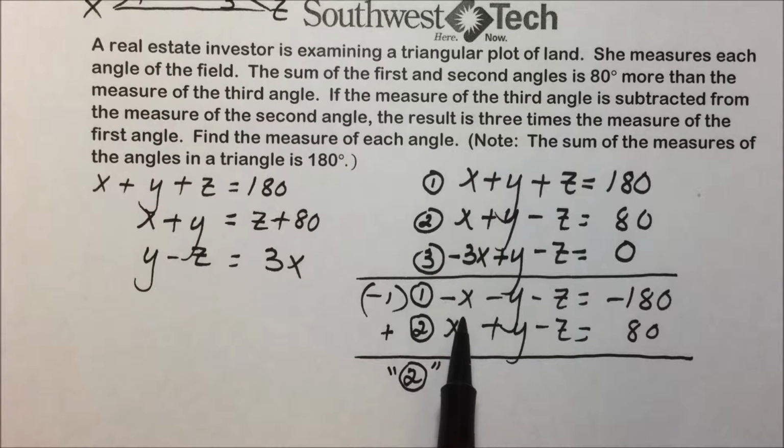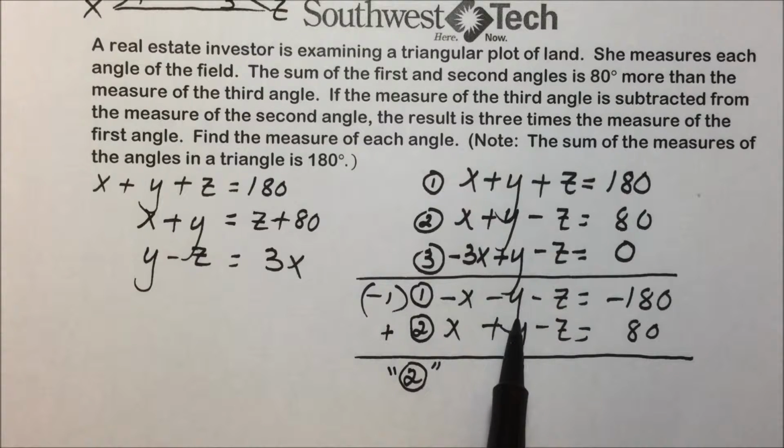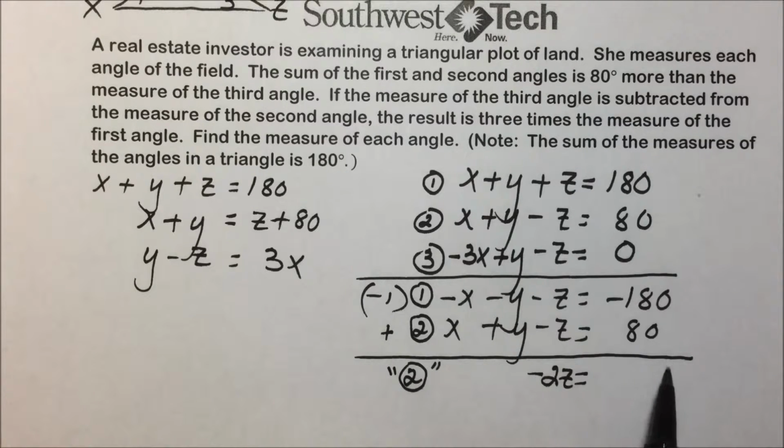We got a twofer in this one because not only did we eliminate the x term, but we also eliminated the y. We have a negative 1z plus another -1 is negative 2z. And adding negative 180 plus 80 leaves us with a negative 100. Dividing both sides by -2 gives us one of our angle measurements: z is equal to 50.